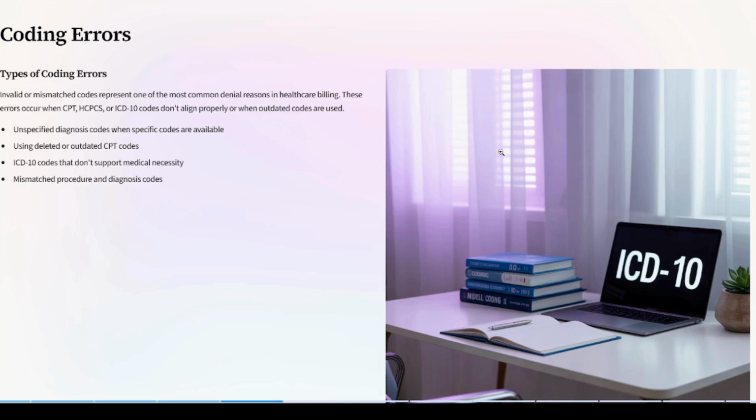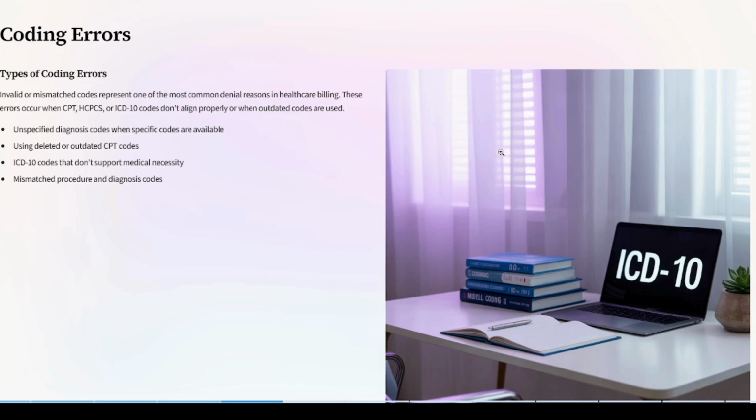So we want to make sure that we are up to date on the codes that are being used, as well as you want to, and I've seen this a lot, you want to be as specific as possible when you are using especially diagnosis codes to describe what is going on with this claim, what has been performed.